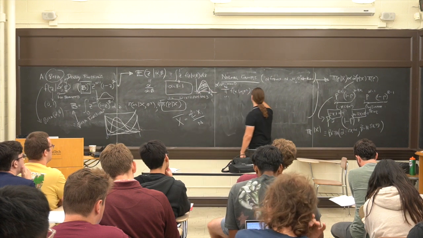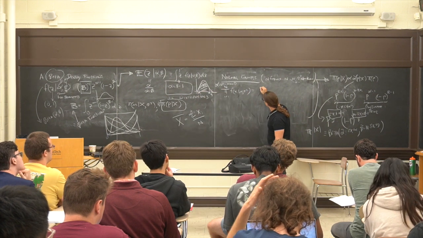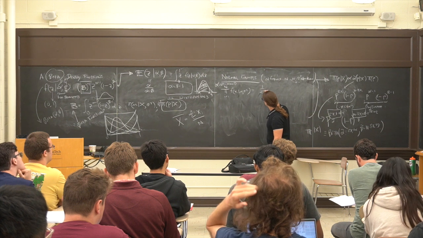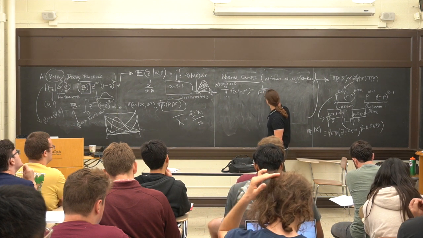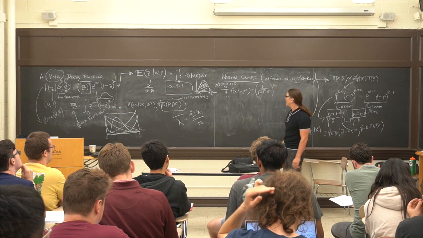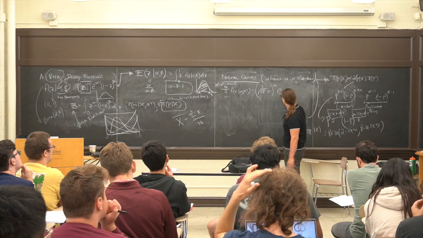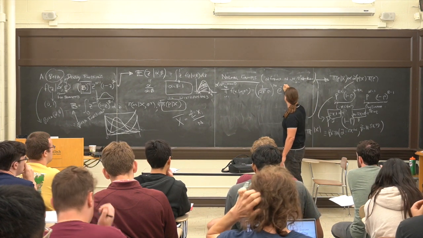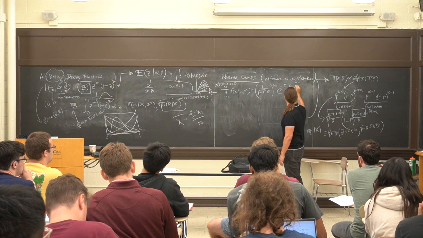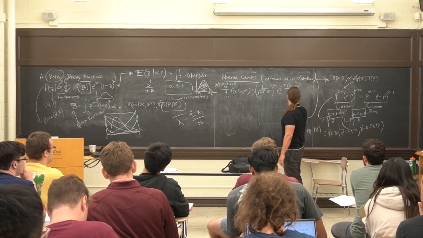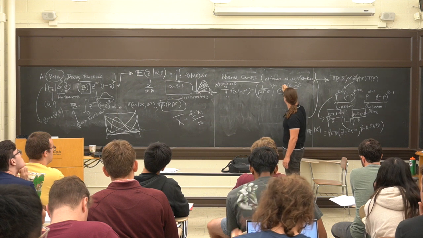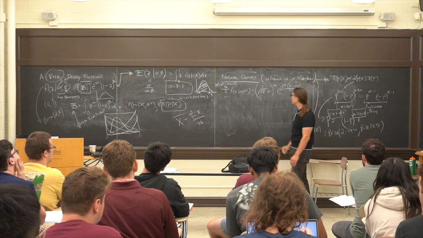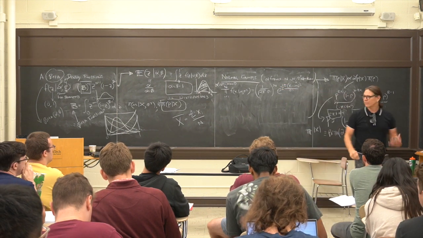I can write this down as 1 over root 2 pi sigma, raised to the nth power. That's the normalizing constant. Times e to the minus sum of (x_i minus mu) squared over sigma squared. And I like to pull my 1/2 out in front of there. That's the normal distribution.